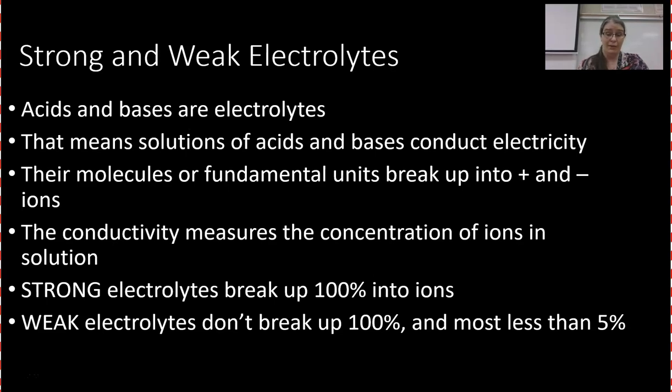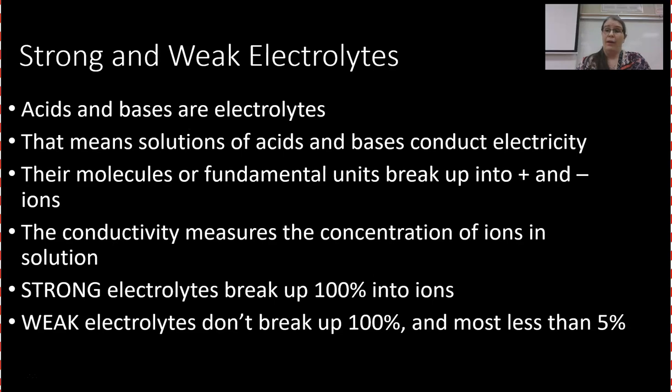And weak electrolytes do not break up 100% into ions. Most of them are much less than 5% dissociated into their ions. And that corresponds with our definition of a weak acid.